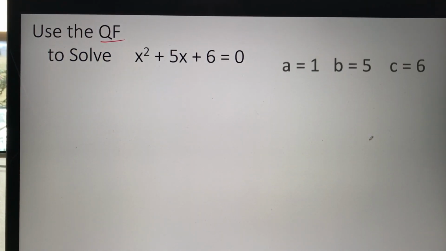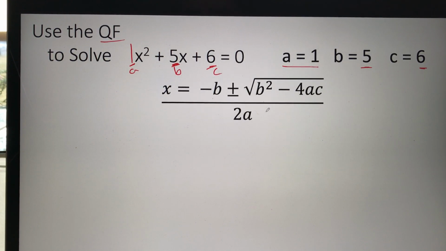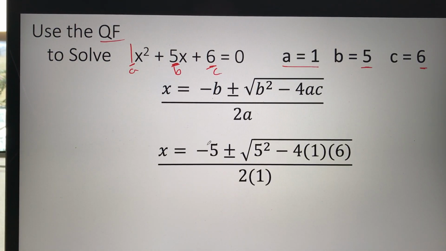So use the formula. So identify a. Now, if there's no number out front for the a, I'm going to call it 1. B is the second value, 5. And c is the last value, 6. And there's the 1 sitting out front. So the 1 is the a, b is 5, and the c is 6. Now here's my general quadratic equation. Now I just plug everything in.